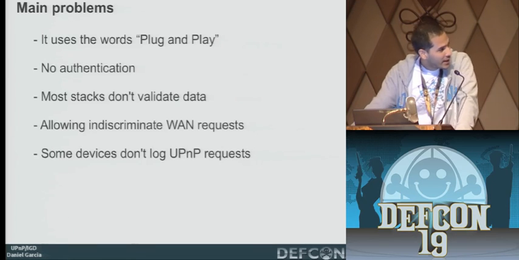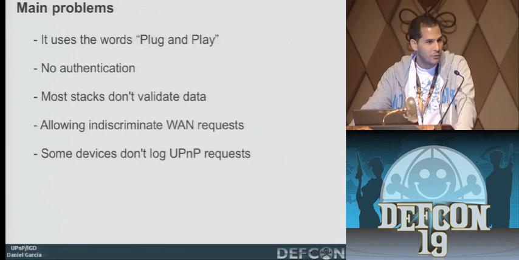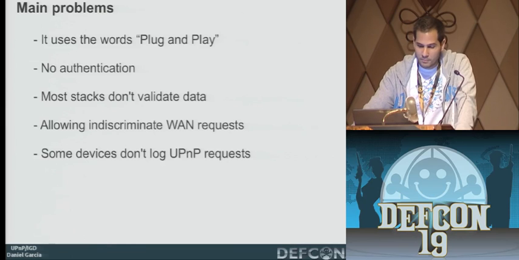And on the other hand, we have devices that don't even log UPnP requests. We can play with it, do whatever we want with it, and no one will ever see it because the device doesn't have the capacity of logging, which is also a bit weird. There's also a ton of other problems.